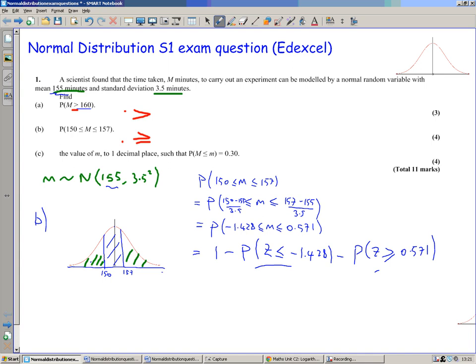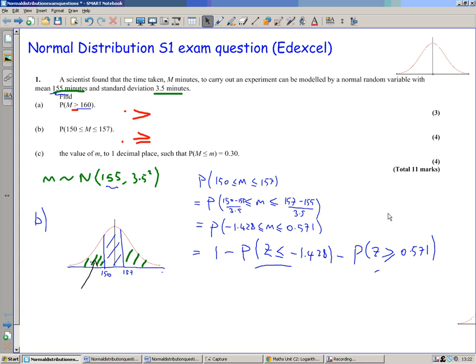Okay, so you can then treat these separately. What you can do is kind of cheat, because obviously you're not allowed to look at the negative numbers anyway. There are no negatives in the table. We know that this number here has got to be less than 0.5. So what we can do is just read the 1.43 again.